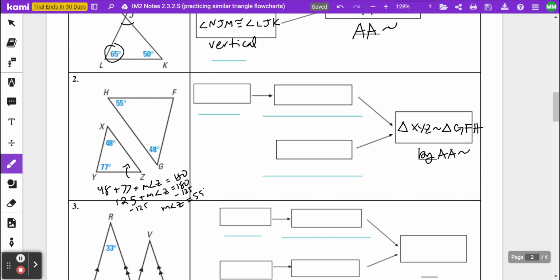All right, we are given that angle X is congruent to angle G by angle measure equals 48 degrees.